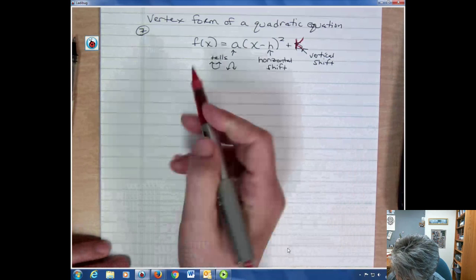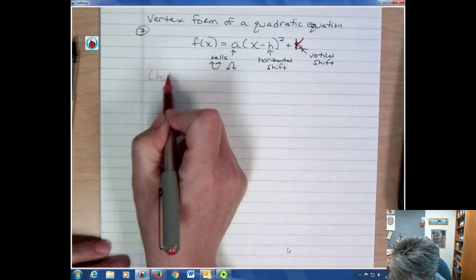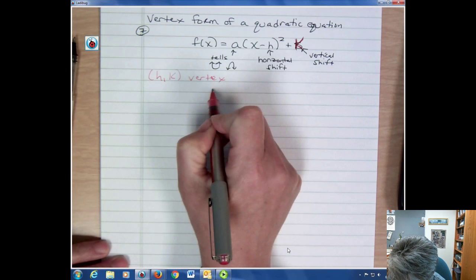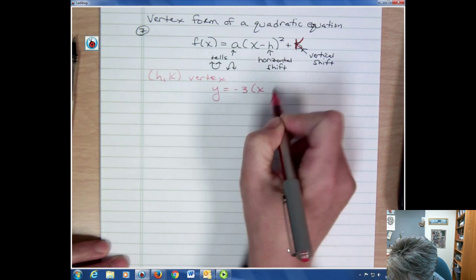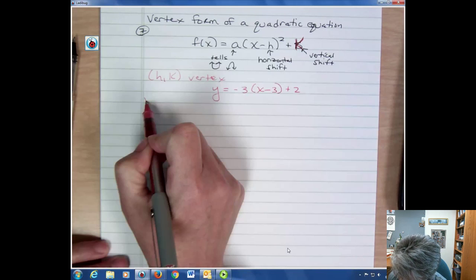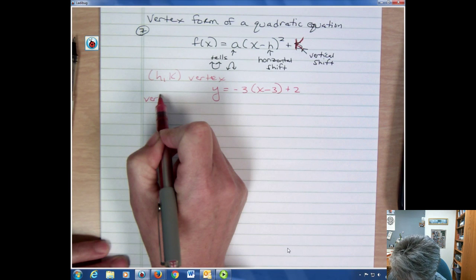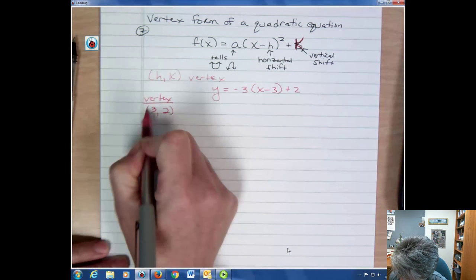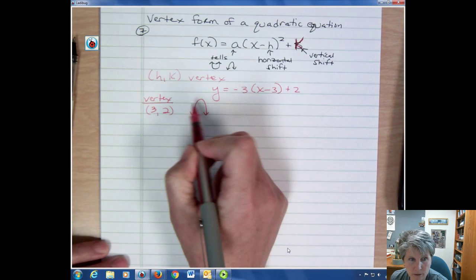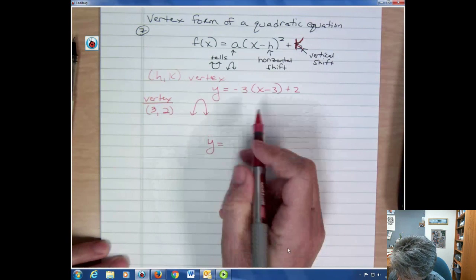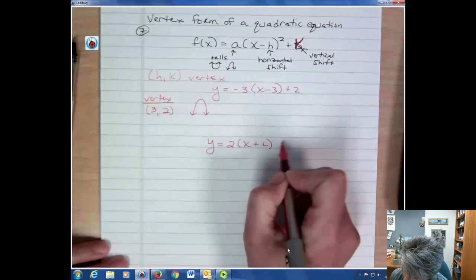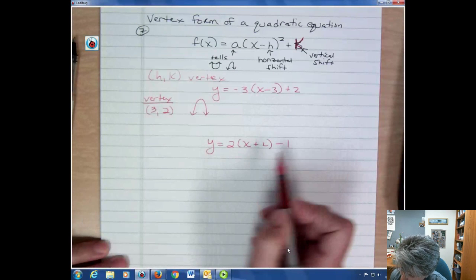So anyway, what I know then is h, k is the vertex. So if I have y equals -3 times x minus 3 squared plus 2, then the vertex is 3, 2. Also this is negative, so it would be opening down with the vertex at 3, 2. If I have something like 2 times x plus 2 squared minus 1, well then that plus is there, and it's supposed to be a minus in the formula.